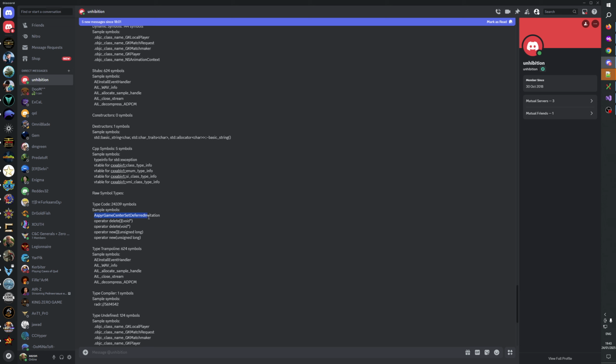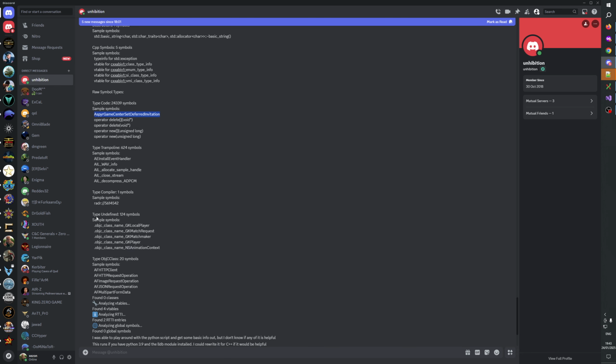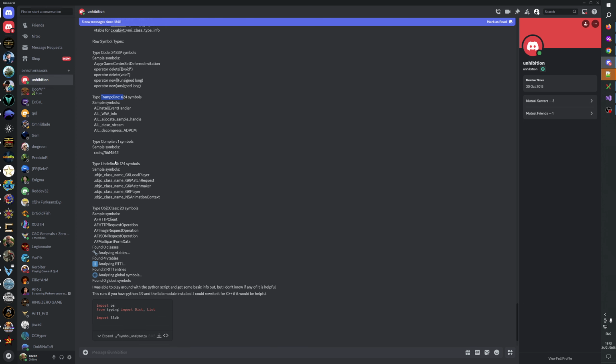Game center, deferred imitation, operator delete, trampoline. Yeah, trampoline is probably just a function which does a jump, I guess. Type compiler, 1 symbols, undefined, sample.